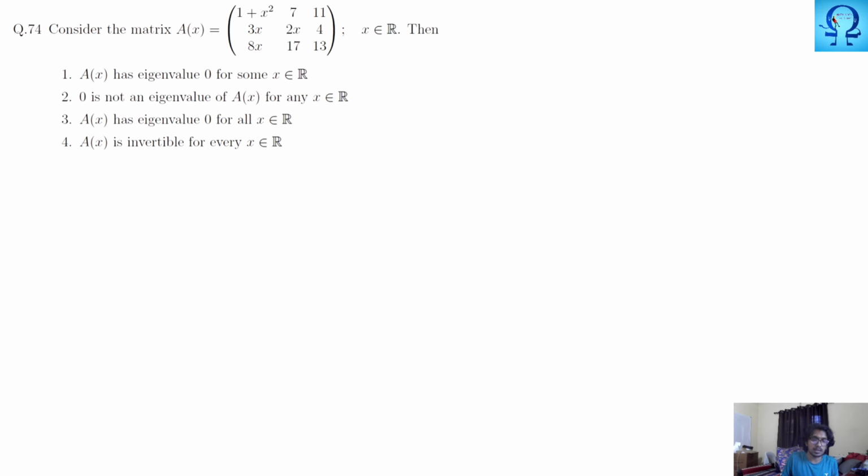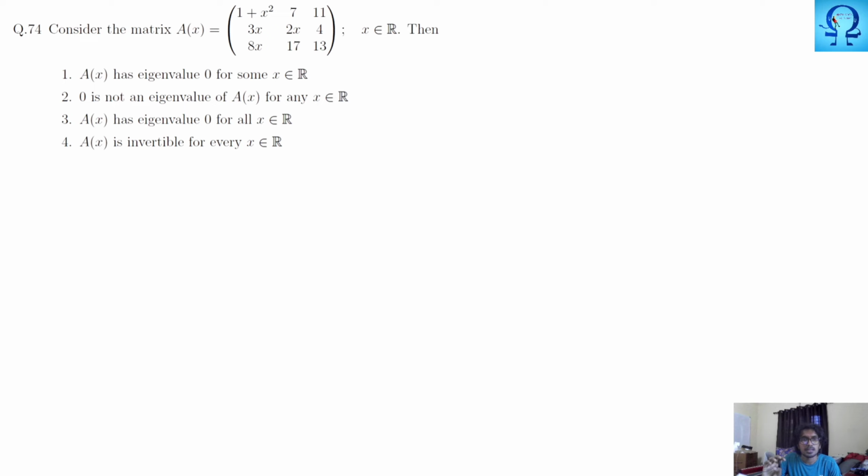Here in this question they have given a matrix, and based on the matrix we have some options. What are the options? First option says that it has 0 as an eigenvalue for some x. Second option says 0 is not an eigenvalue for any x.